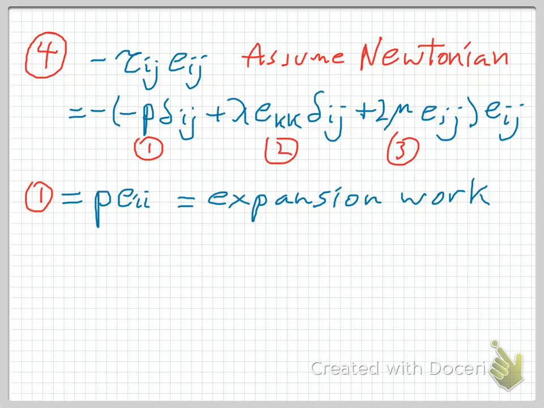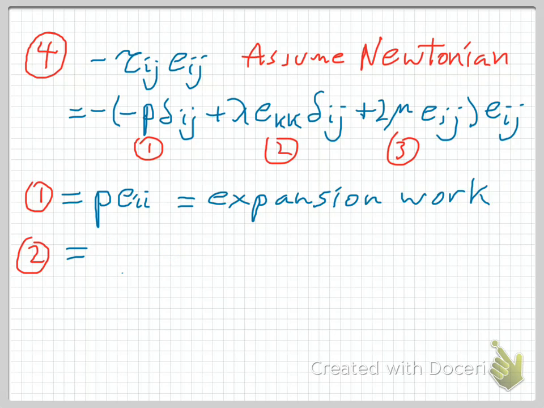Now, how about term 2? Term 2 we can treat in the same way. It's got the minus sign, and we have Ekk. Forgot the lambda. Just a second. Let's go back a little bit.